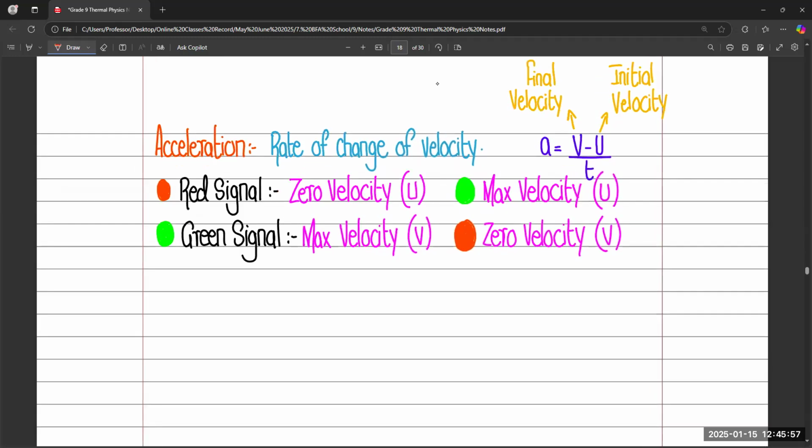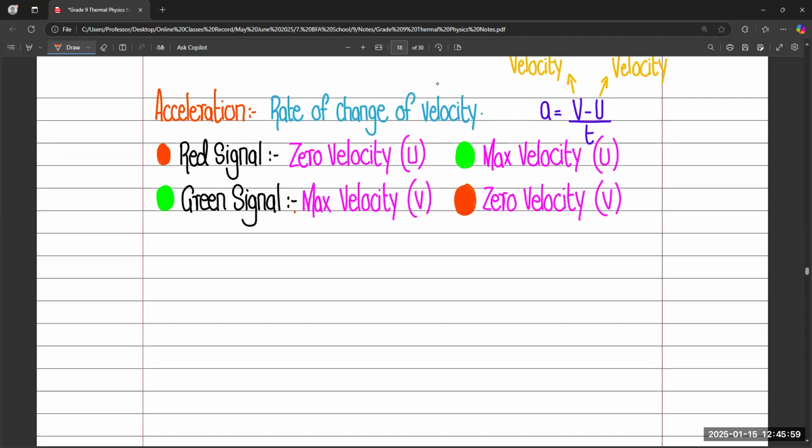In the first difference, this is case 1, and this is case 2. If we consider these two different cases, what is happening? The first case is normal acceleration.